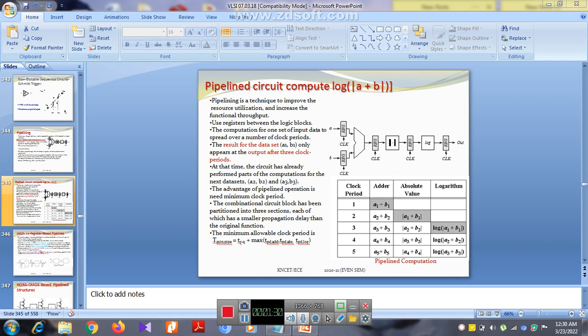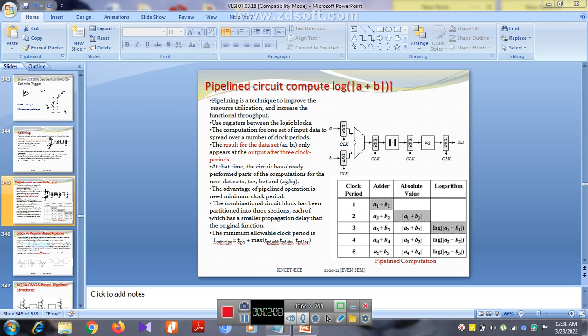So the advantage of the pipeline concept is a smaller minimum clock period. The combinational circuit block has been partitioned into 3 sections, each of which has a smaller propagation delay than the original function.